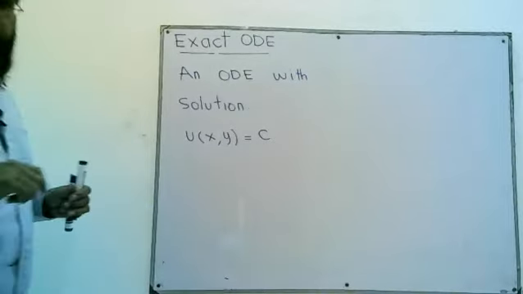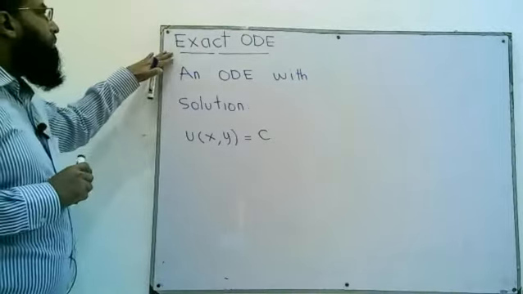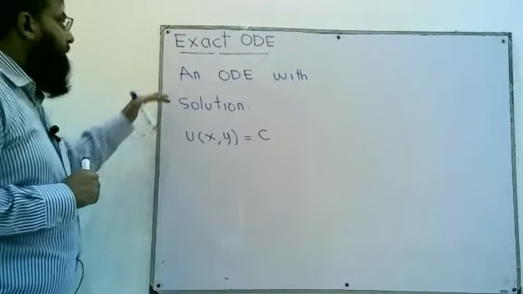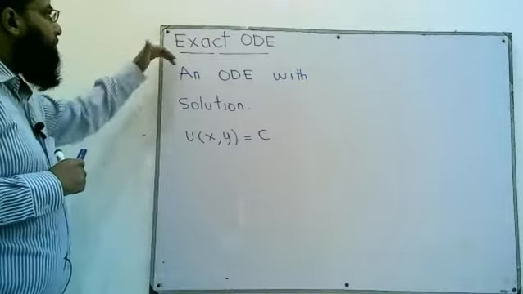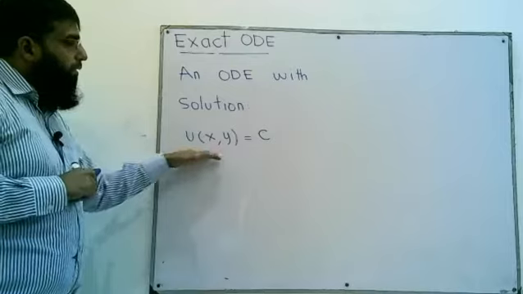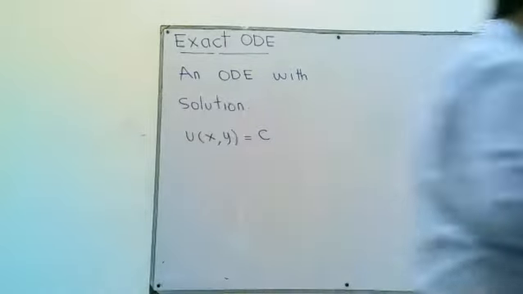We will be studying exact type of ODEs today. An ODE is of type exact if it has a solution u of x, y equal to a constant c.